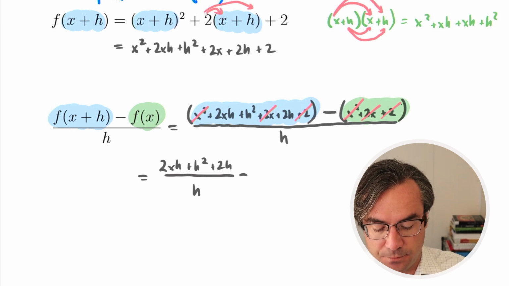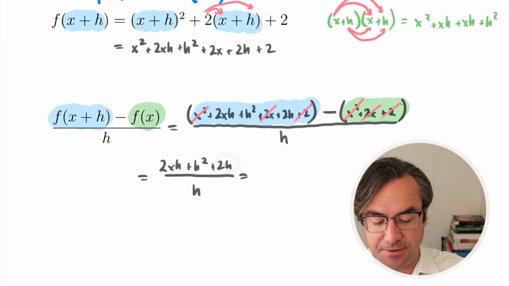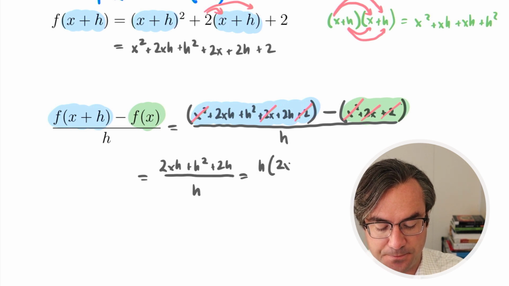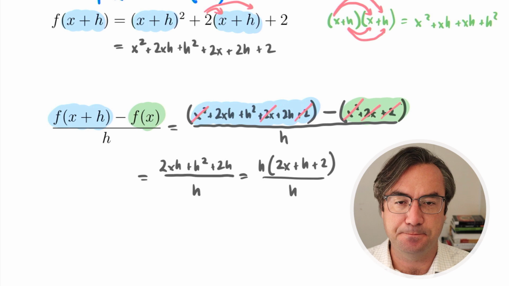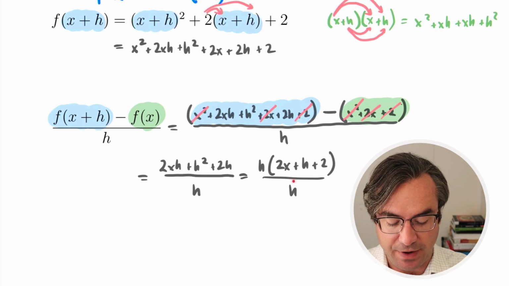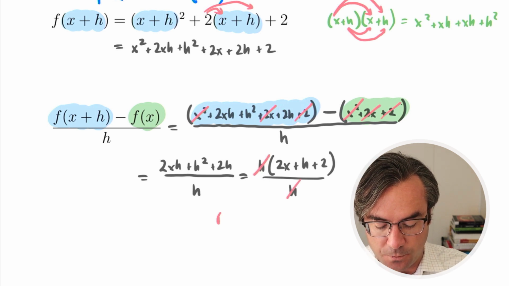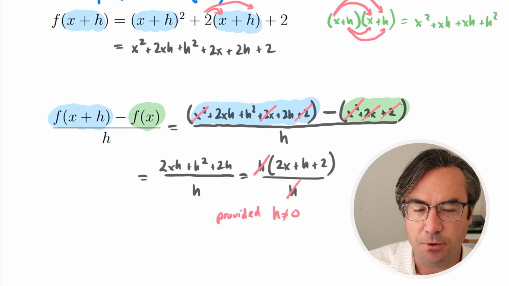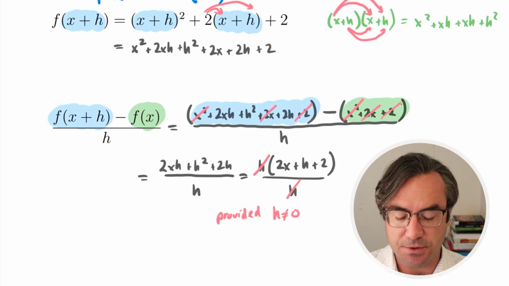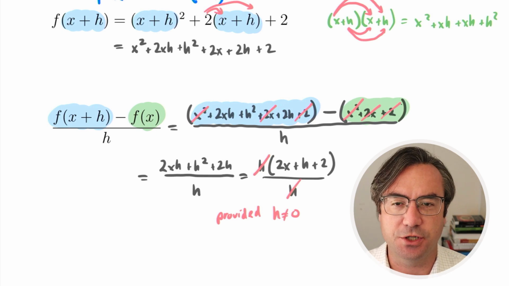Or you could think of it as this term has an h in it, this has two h's, this has an h in it, so we could factor out a copy of h from all the terms in the top. And now we have a factor of h on the top, we have a factor of h on the bottom, and we can cancel those out with a little provision here, provided our h value doesn't equal 0. So as long as h doesn't equal 0, canceling this out gives us an equal formula for our function, our difference quotient.